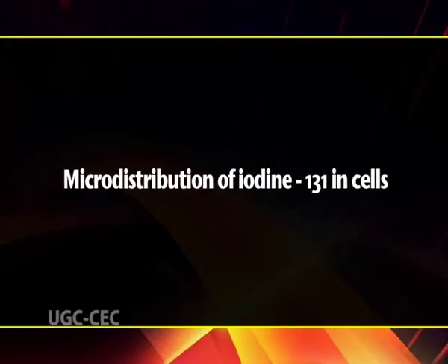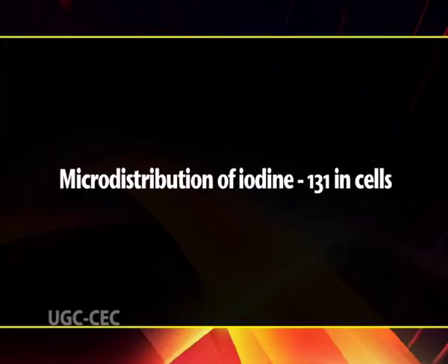Autoradiographic techniques were improved by Leblanc, who in 1943 showed the microdistribution of iodine-131 in cells. In 1946, Belanger and Leblanc developed a method for locating radioactive elements in tissues by covering histological sections with a photographic emulsion.